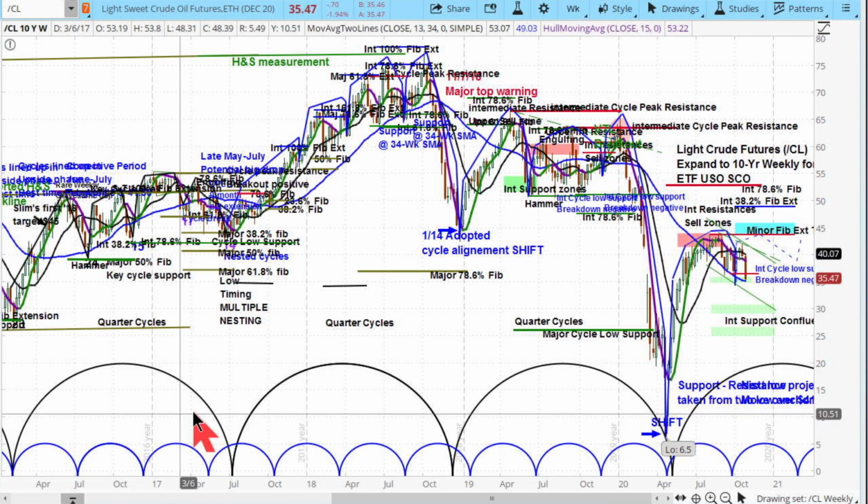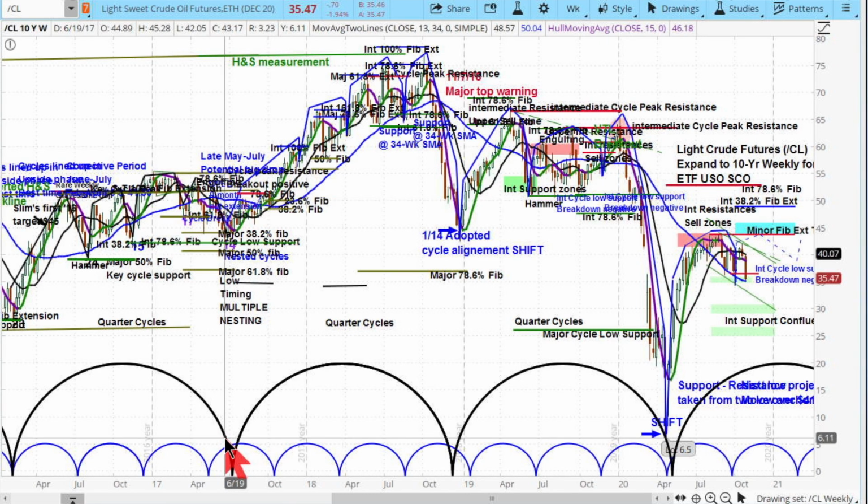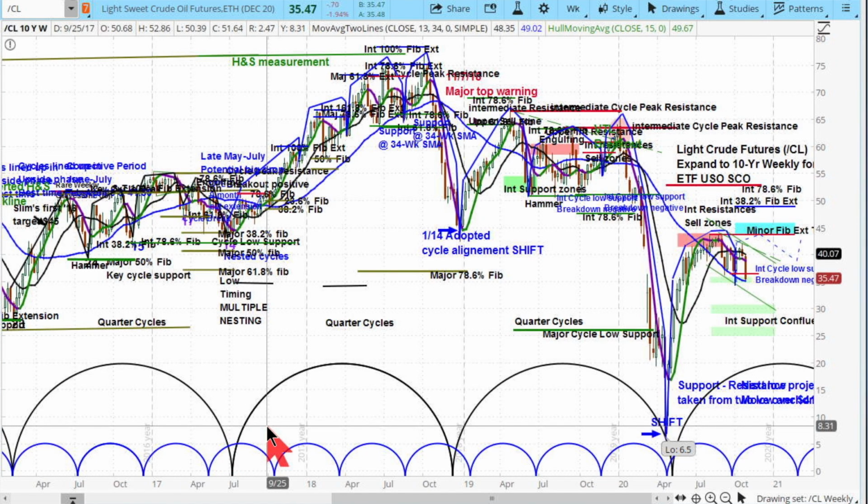These arcs that you see in the bottom are called cycle brackets. It's just a drawing tool, and it's a guide for us as we look at the repeating rhythms in the market. Cycle analysis is an art form. It's a visual depiction of the flow of money. And of course, flow of money is ultimately the most important aspect to market movement.